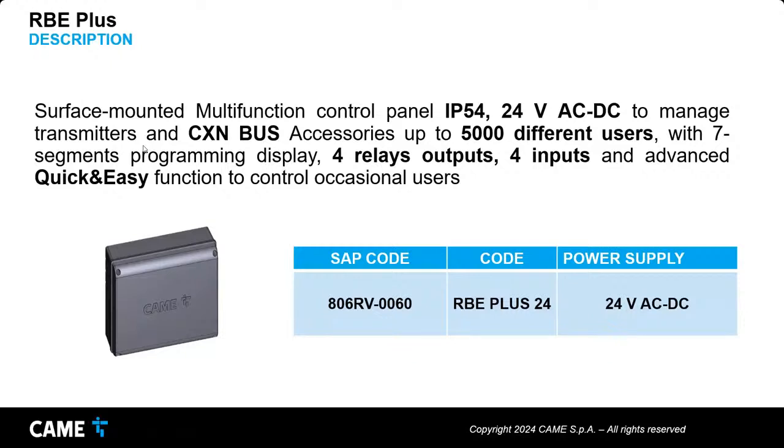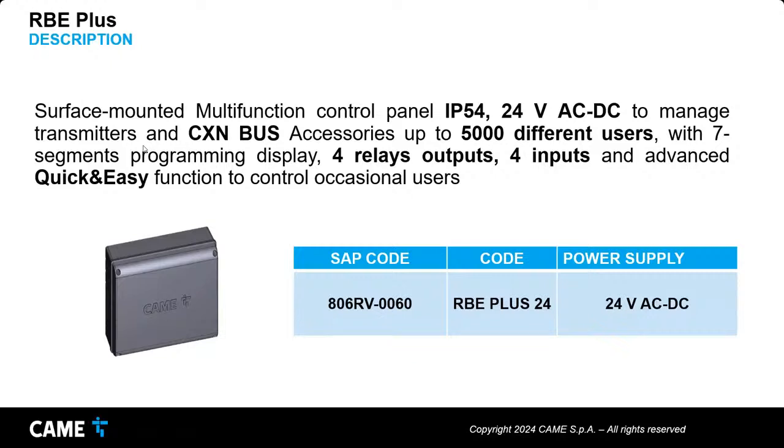It can handle up to 5,000 different users. There is a 7-segment display inside the electronic, 4 outputs and 4 inputs, which can be used all together, and can be combined also. And there are additional functions to control occasional or temporary users, thanks to the advanced settings that we can have with the Quick&Easy function.